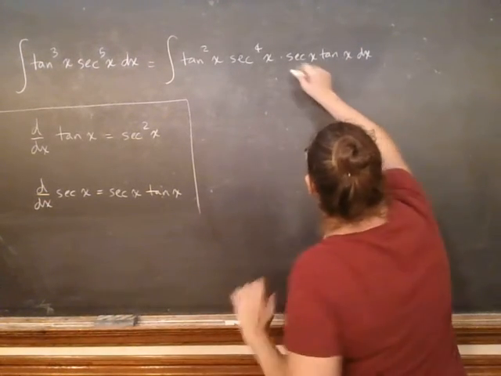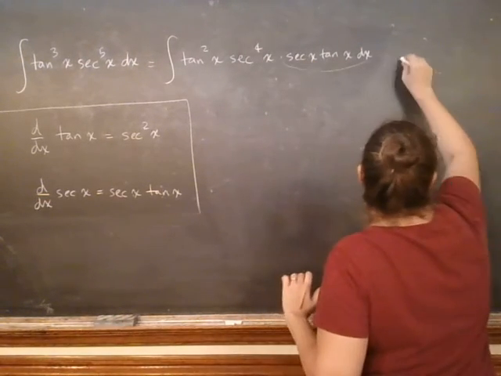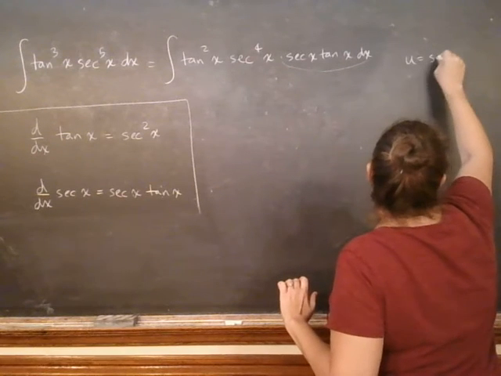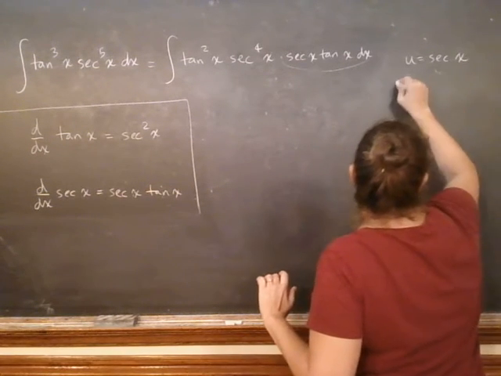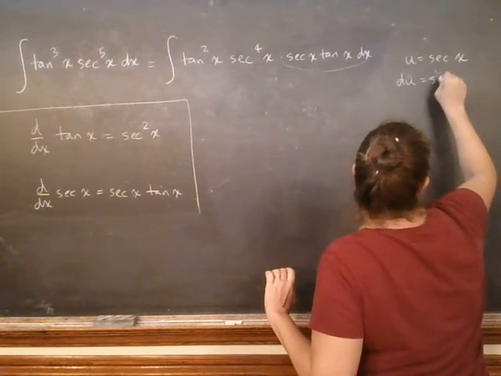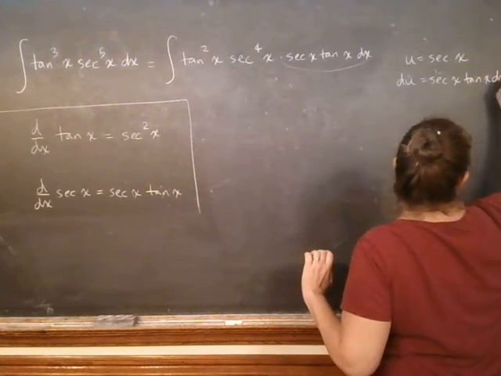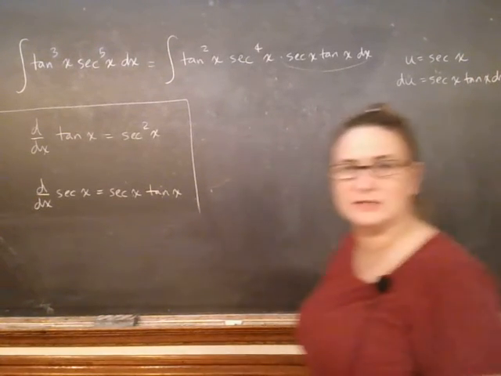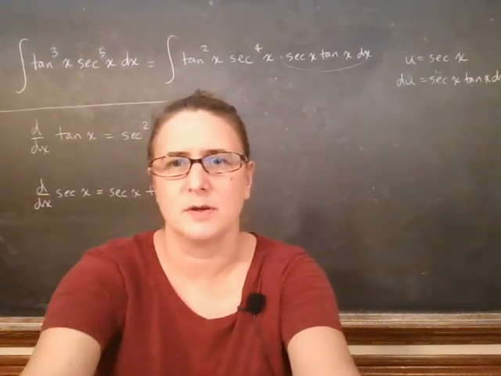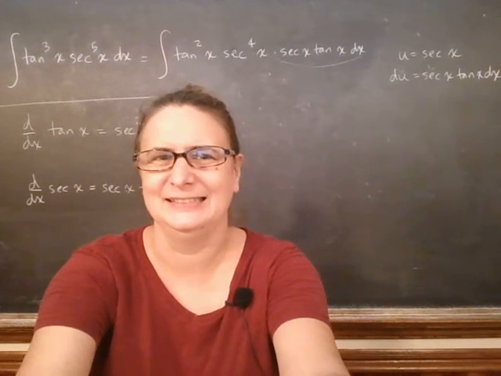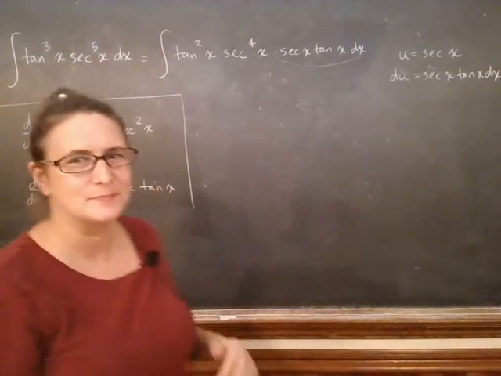And I'm going to make this be my du, so I want u to be secant, because the derivative of secant is secant tangent. I'm probably off the screen with that dx. Oh, almost. Here. There's the dx. Okay.